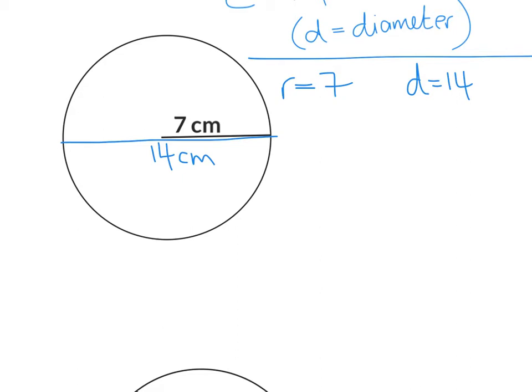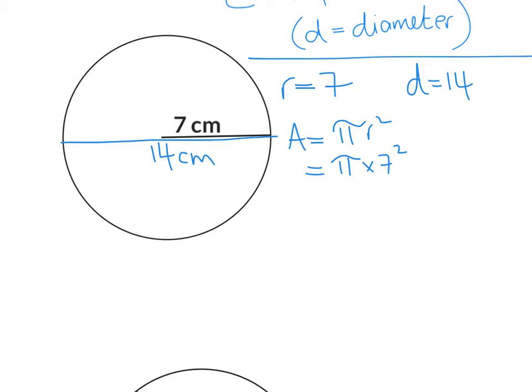I'm just going to plug those into my equation. So A equals pi r squared. There is a wee pi button on your calculators. If you have one of the Casio ones, you just hit shift and then times 10 to the power of x, just beside the answer button at the bottom line. So I'm going to go pi times 7 squared, because my radius is 7.